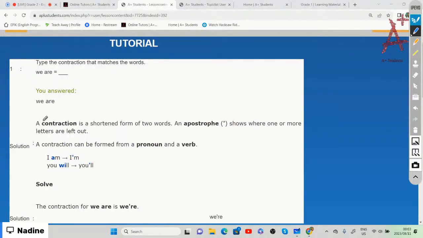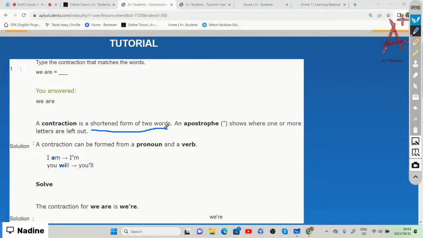All right, so a contraction is a shortened form of two words. We basically put two words together, as if we are shortening the word.